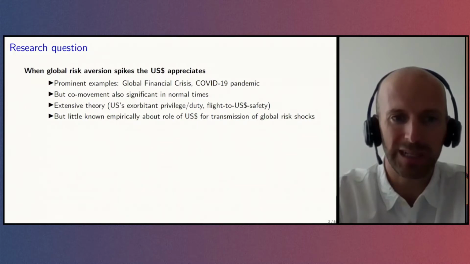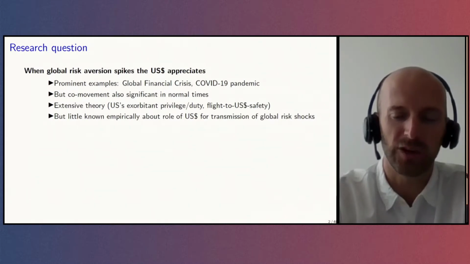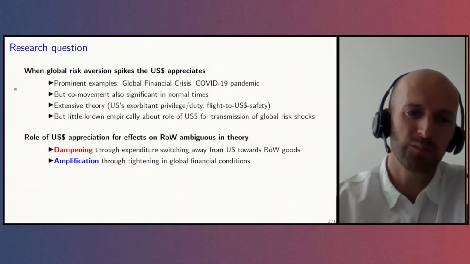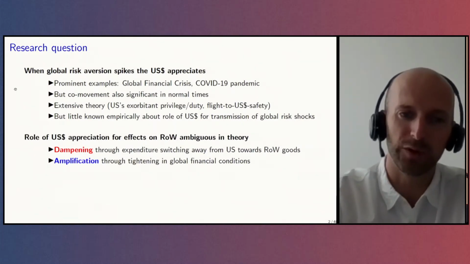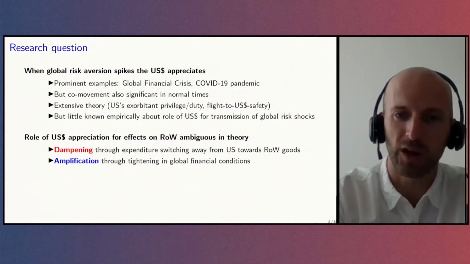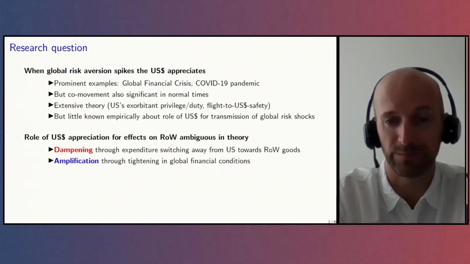But there's much less empirical work about how the dollar exchange rate contributes to the contractionary effects of global risk shocks. And that's, I think, an interesting gap from a theoretical point of view, because dollar appreciation in the face of global risk shocks has ambiguous effects on the rest of the world in theory.